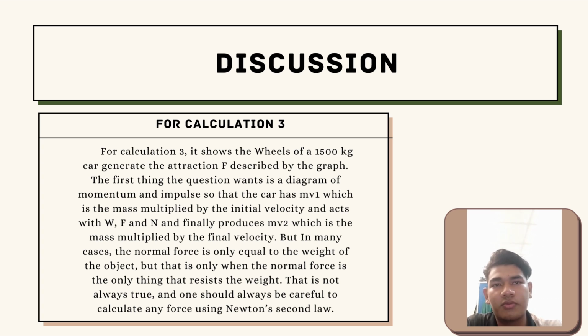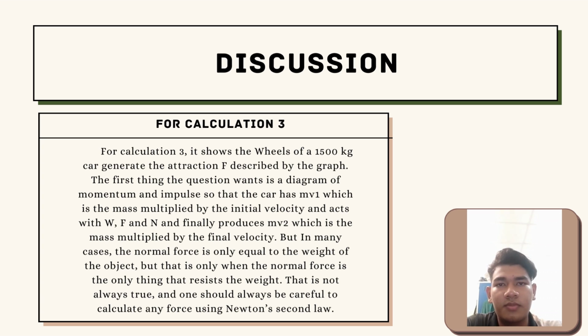The first thing the question wants is a diagram of momentum and impulse. So the car has mv1, which is the mass multiplied by the initial velocity, and acts with W, F and N, and finally produces mv2, which is the mass multiplied by the final velocity.